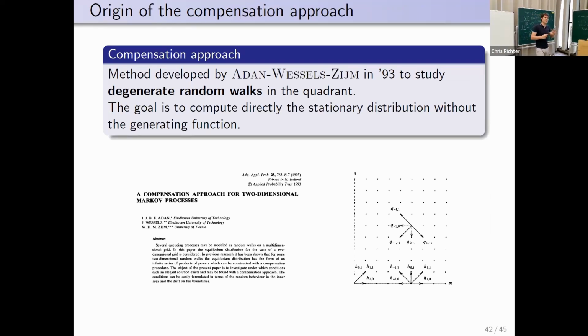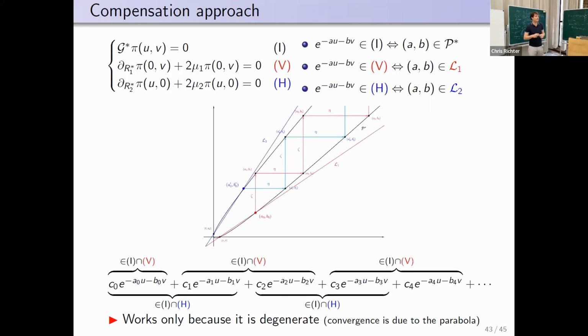The goal, in fact, is to compute the stationary distribution without studying the generating function or the Laplace transform. I will not explain everything in detail because I have no time, but you have to follow this automorphism, eta, zeta, etc. And it gives you some compensation which makes this PDE satisfied.